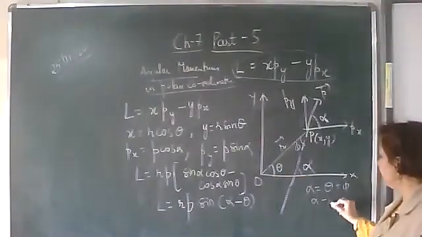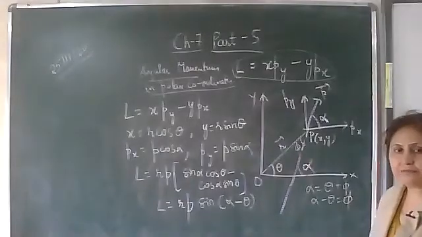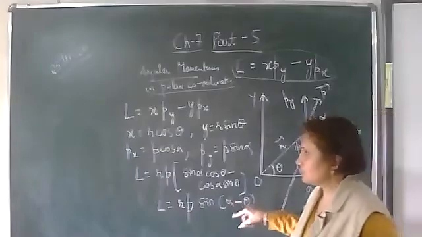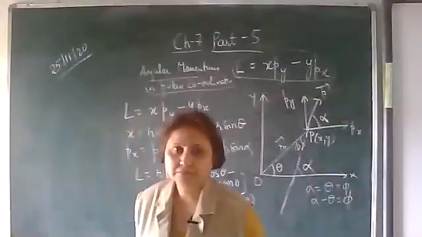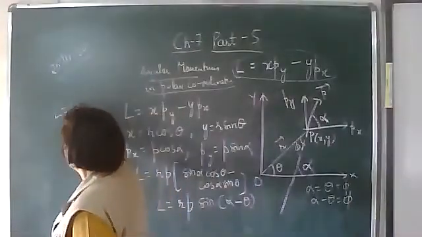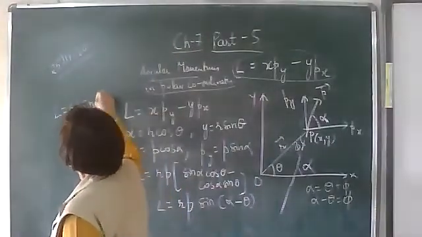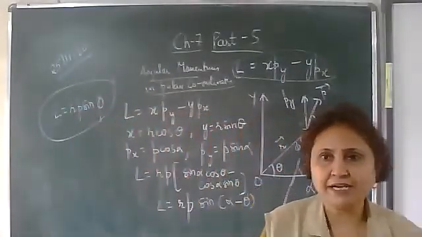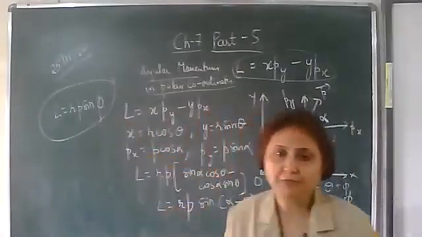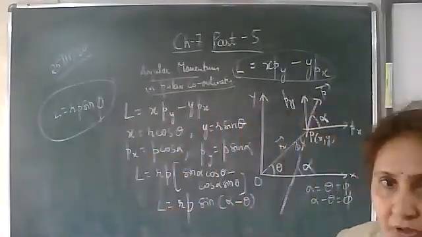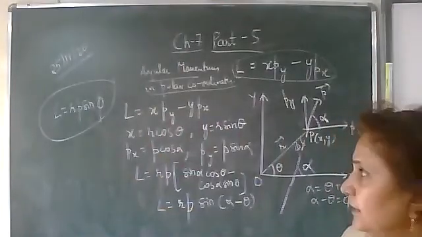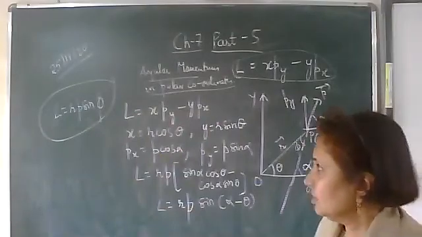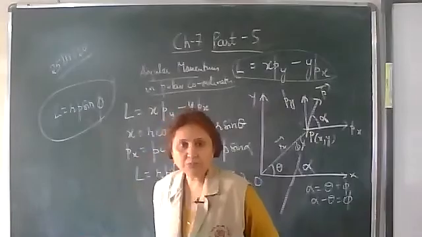That is, alpha minus theta is equal to the angle phi. So what do you get? L is equal to r into p into sin phi, the expression of angular momentum in polar coordinates. So L in terms of r, p and phi is given by r p sin phi.